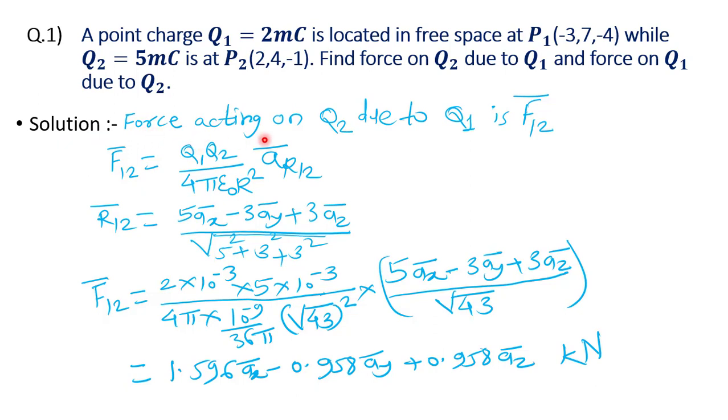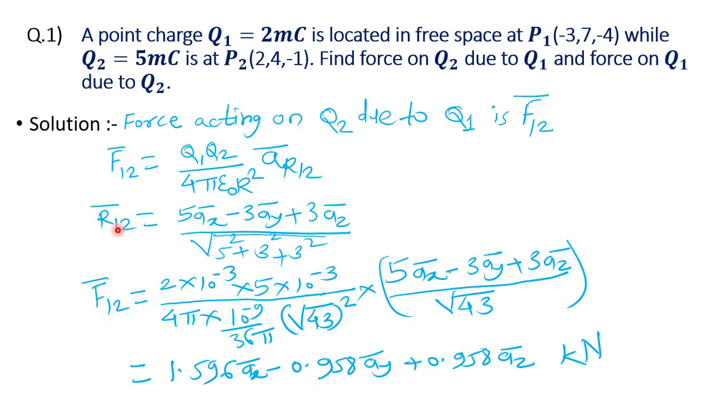So the force acting on charge 2 due to Q1 is given as F12. So F12 is equal to, the basic equation is, Q1 Q2 upon 4 pi epsilon naught R square times aR12. First we will calculate the unit vector aR12 and the distance between these two points.